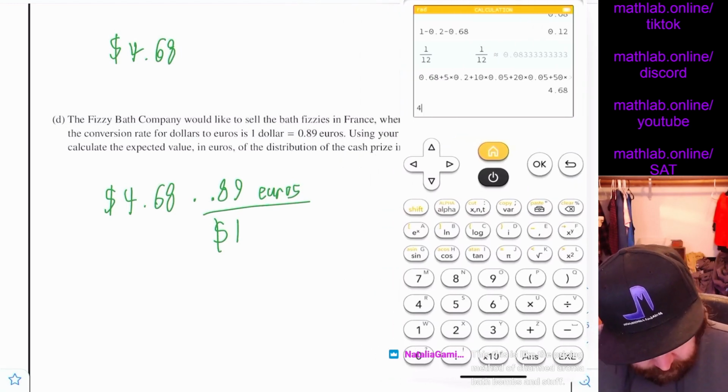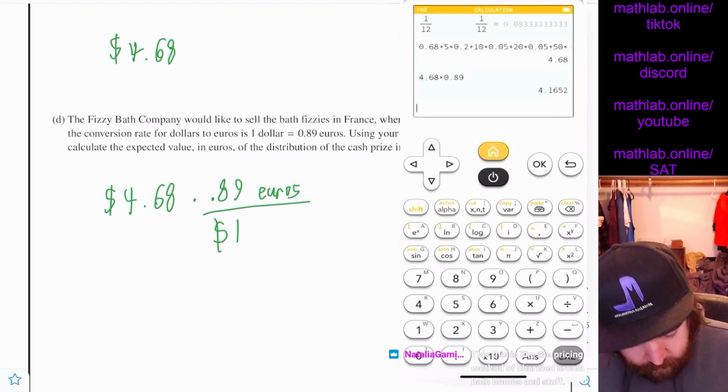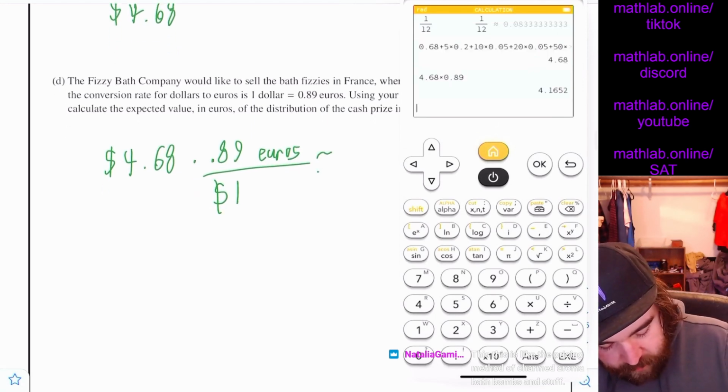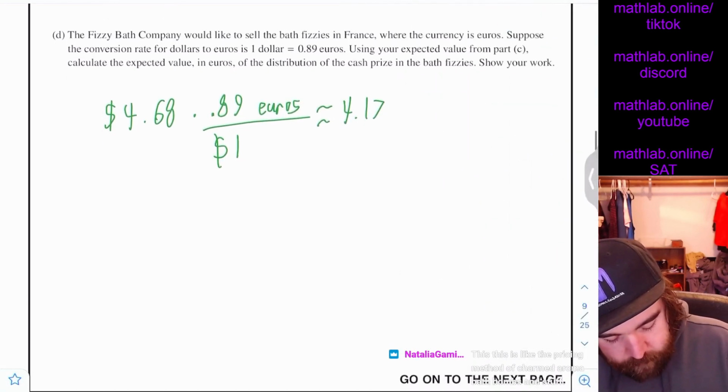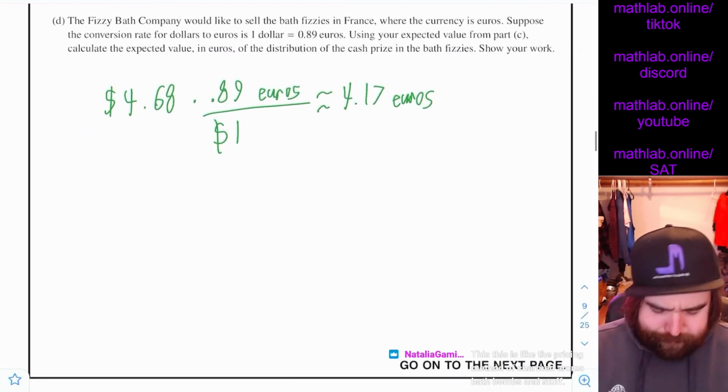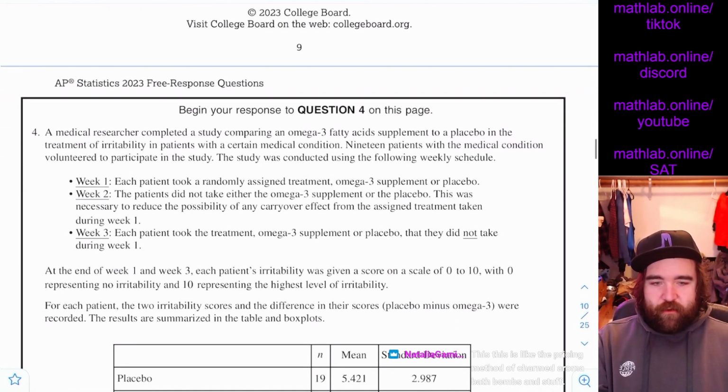To show that, we will do 4.68 times 0.89. Roughly 4.17 euros. Lovely.